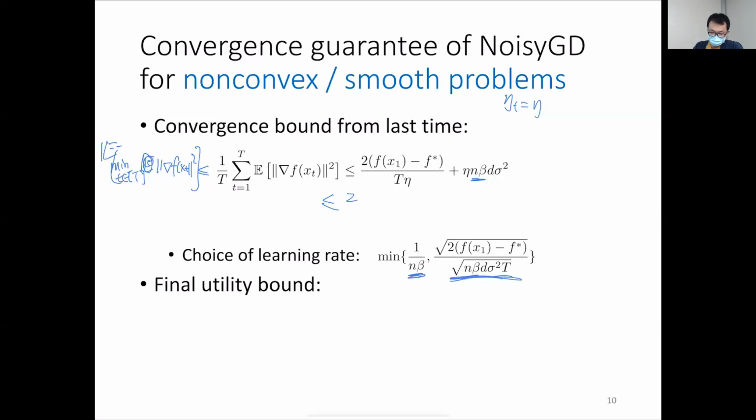The first term will be 2(f(x1) minus f star) over t, multiplied with n, multiplied with a max of n beta and the square root of n beta d sigma square t over 2(f(x1) minus f star).